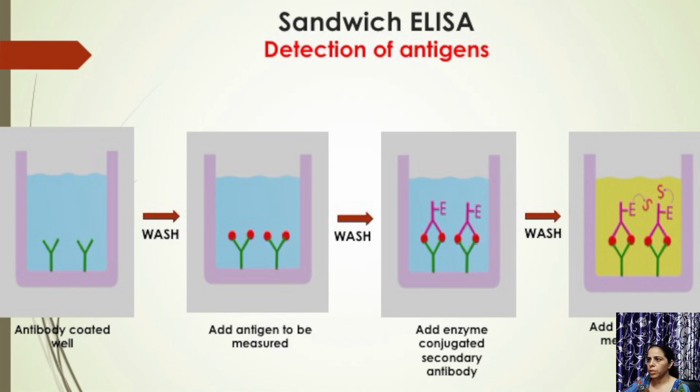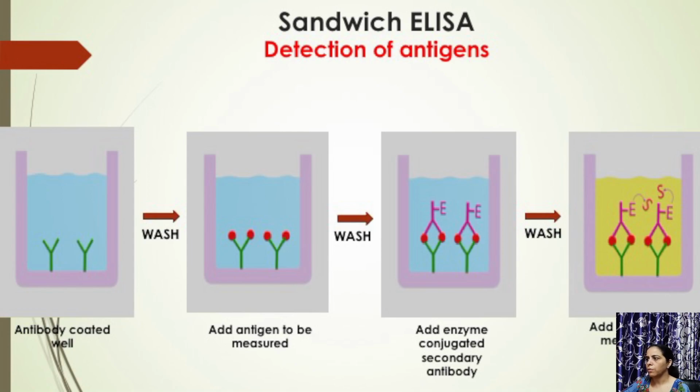First step in this technique is that we first adsorb the antibodies. Then we will wash to remove the antibodies which have not been adsorbed to the surface of the well. Then we will add the antigen, we will do the washing, then we will add the antibodies to which the enzymes are conjugated, then we will do the washing, add the substrate.